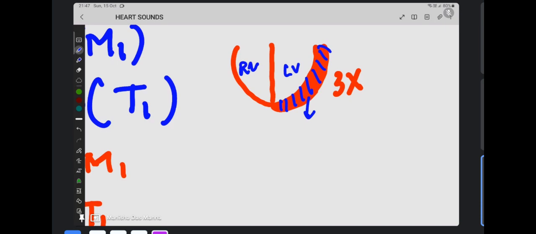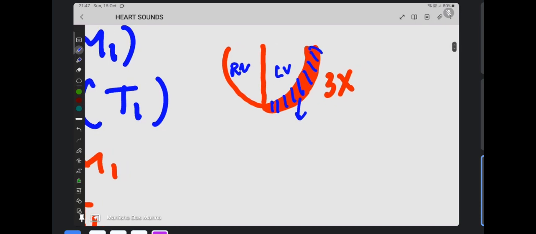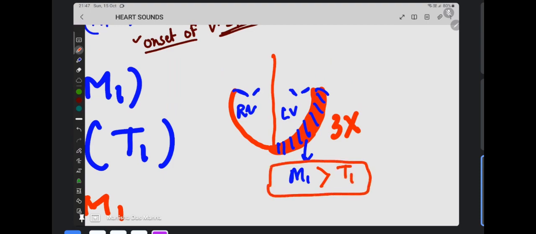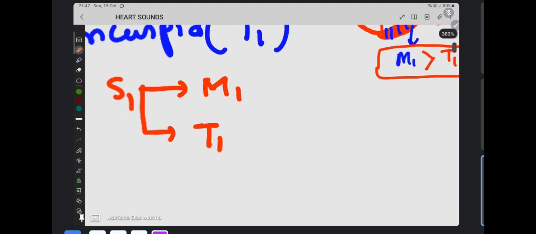That's why M1, which is associated with the closure of the mitral valve, should be slightly louder than T1, the tricuspid valve. Is it clear?